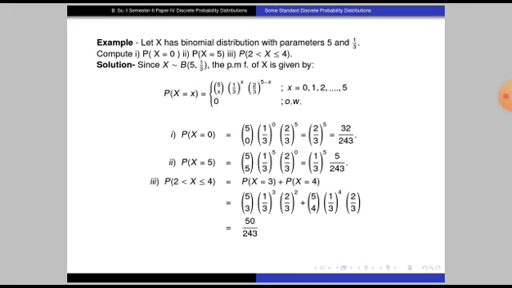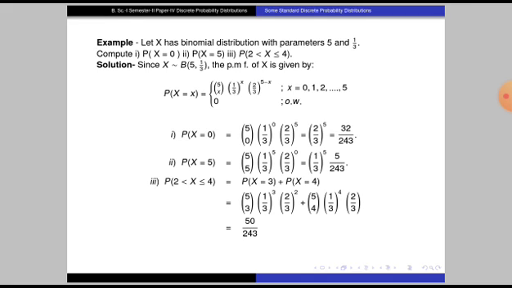Okay, so we have given the values of parameters of binomial distribution. There are two parameters, n and p. Here n is given as 5 and p is given as 1 divided by 3, and we have to compute probabilities of 3 different events.